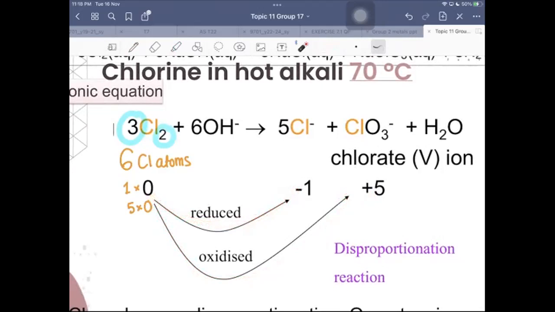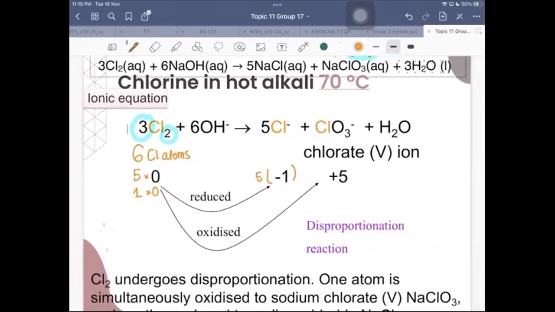It's the other way around. 5 are being reduced to -1. So 5 times, and 1 is being oxidized to +5. So this is again an example of a disproportionation reaction. The same element, chlorine, is both oxidized and reduced, but in different atoms. So that's the most important thing.